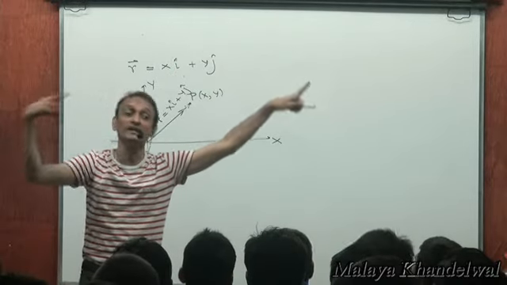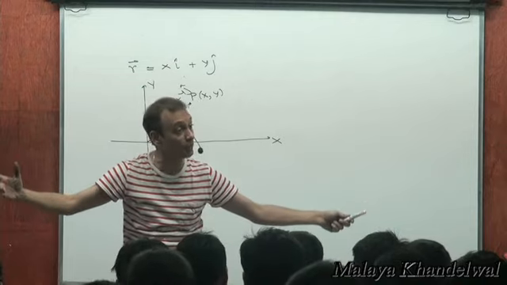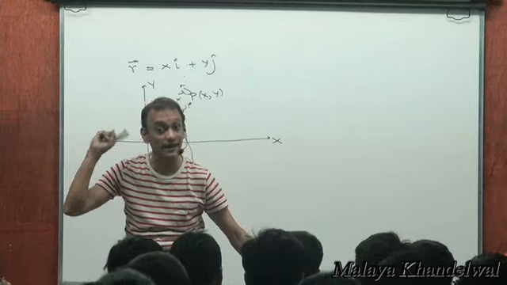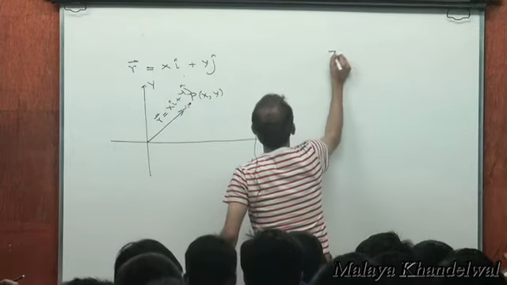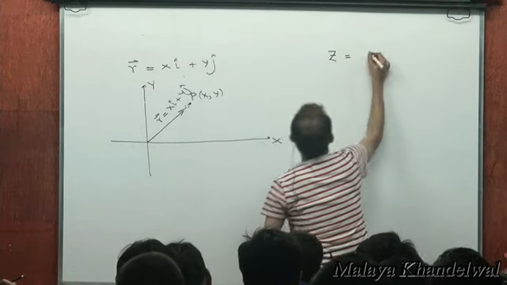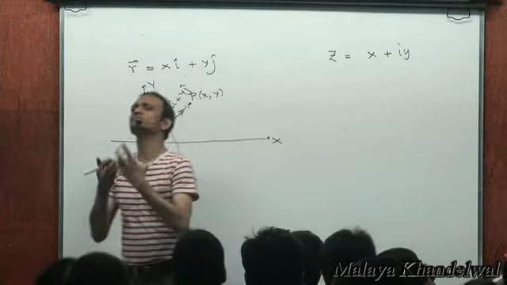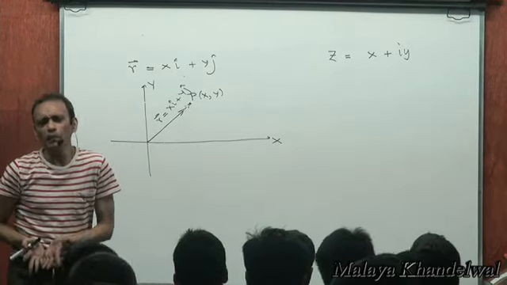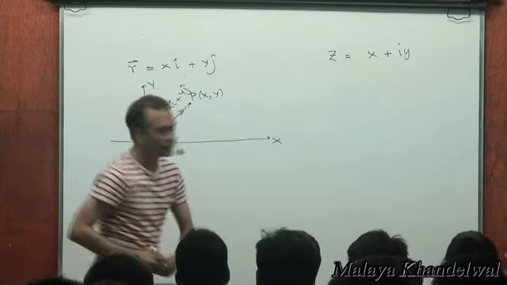You can multiply, you can divide, you can raise it to a power, whatever you want. All arithmetic operations that you have learned, you can perform with i, but not with unit vectors i cap and j cap. However, look at this z in the Argand plane, x plus iy. What is this doing? This also is locating a point P with coordinates x comma y. Yes or no?